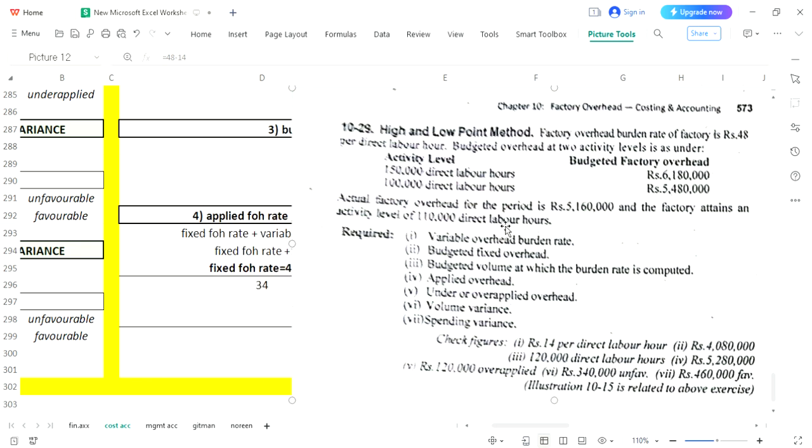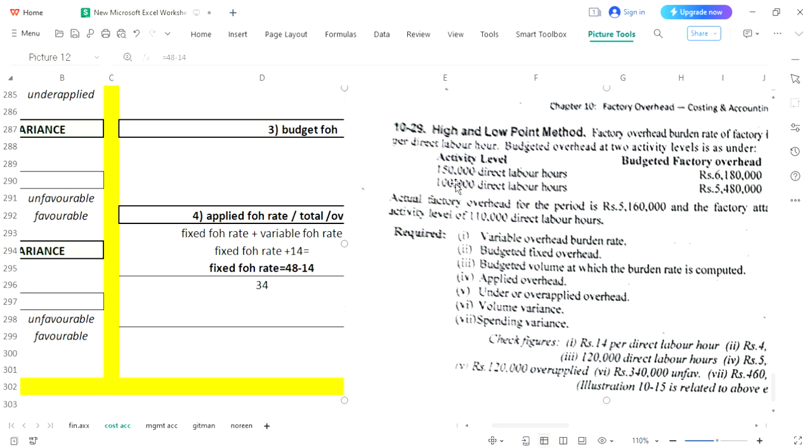Alright, for that we have two options. Here you can see old budget FH is given, and there are two old FH. Here you can use any of the options which are provided over here. Please let me know budgeted fixed FH. If you are working for 150,000 or you are working for 1 lakh, at which place your fixed FH will be more?